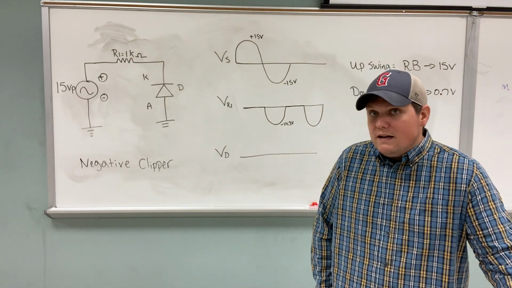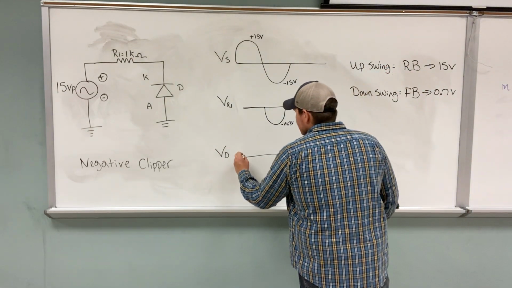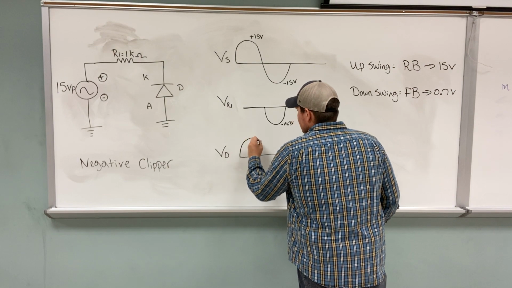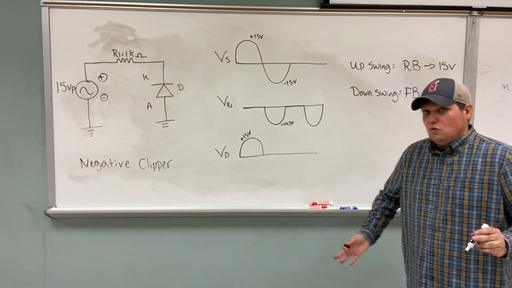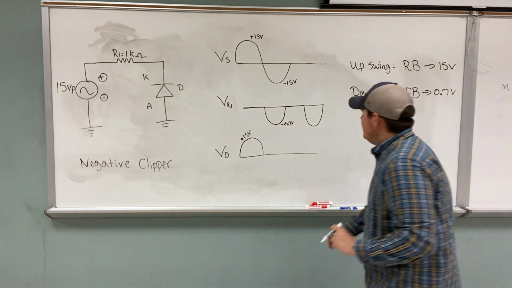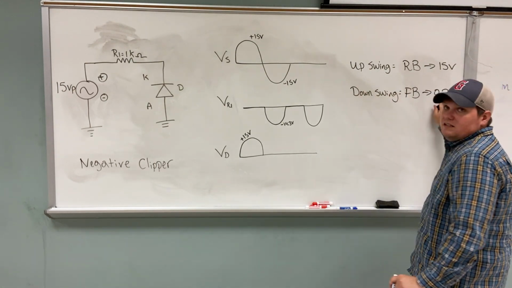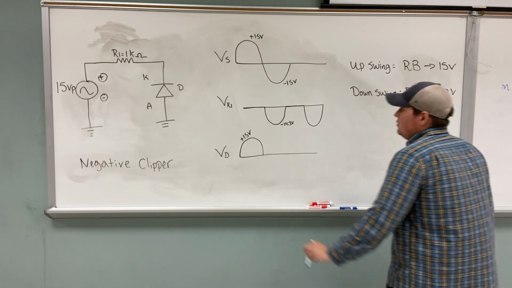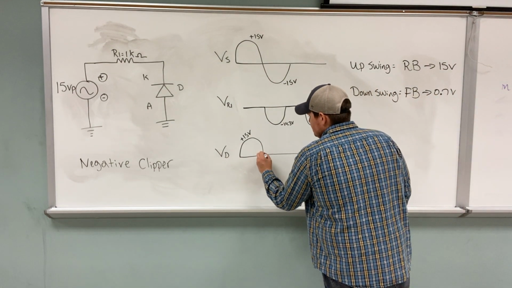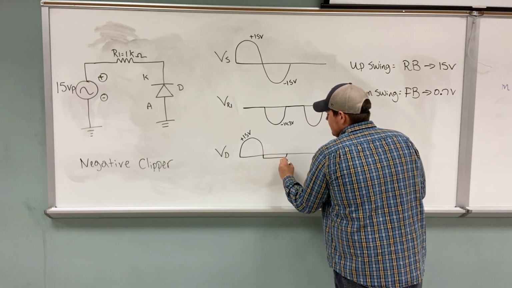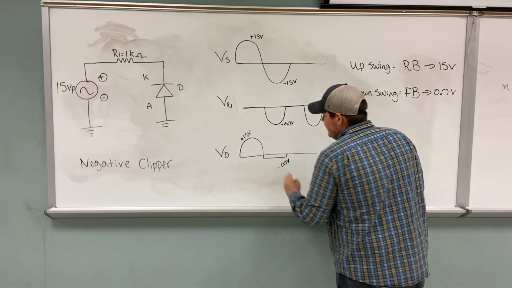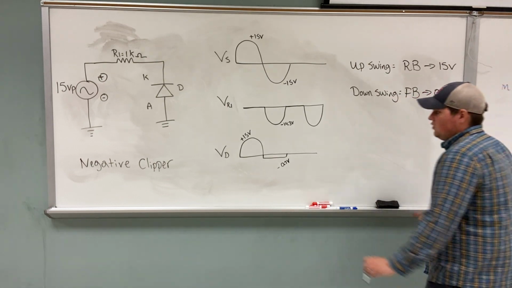It's open, so it's going to read 15 volts. It's going to read source voltage. And then on the downswing, it's 0.7 because it's forward biased. So on the downswing, I'm going to lock at negative 0.7 volts.